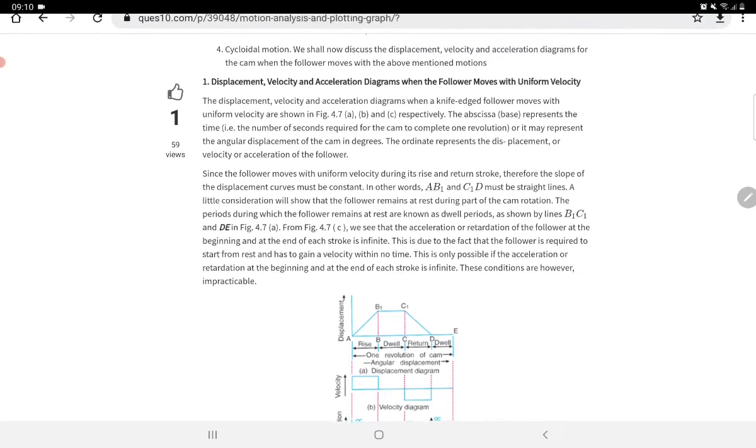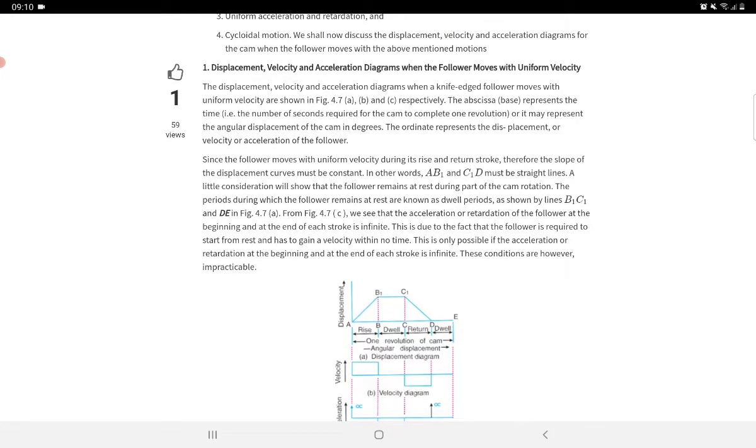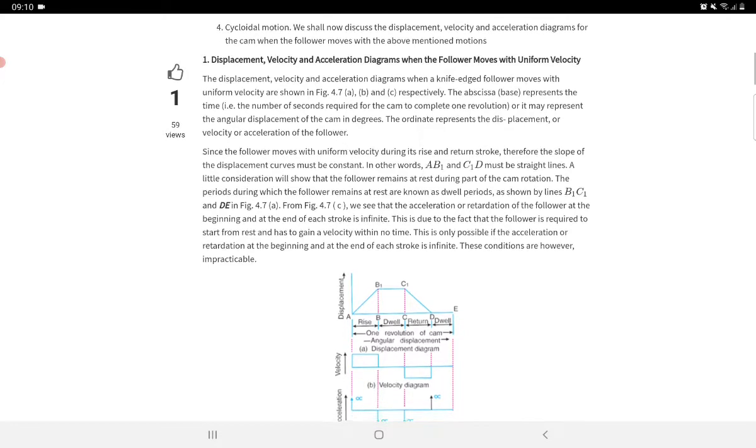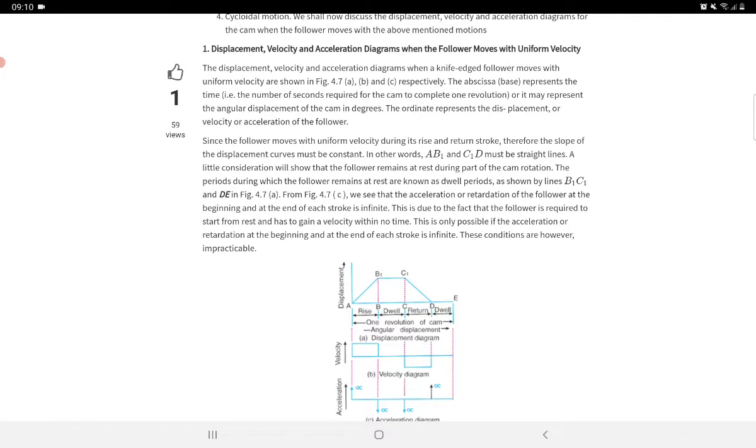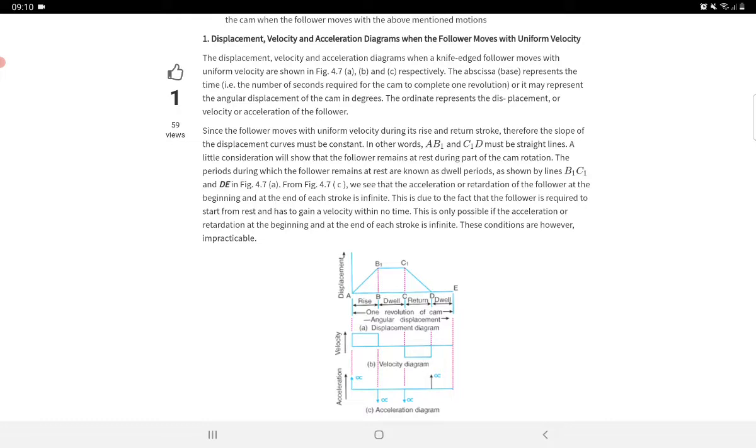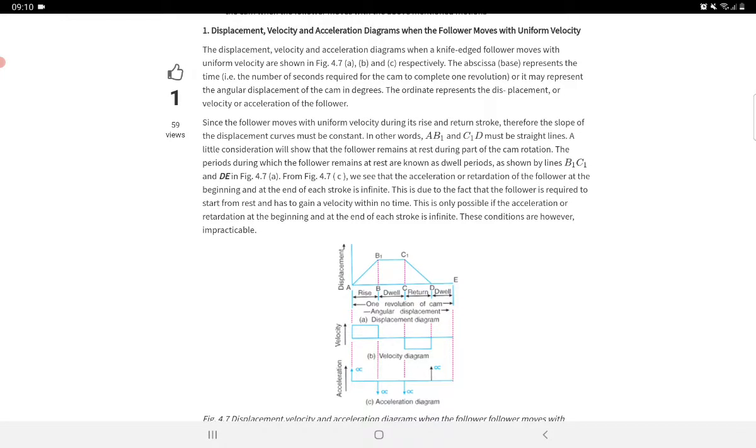The displacement, velocity and acceleration diagram, particularly when a knife-edged follower moves with uniform velocity, is shown in the following figure. As I said, the base, or abscissa, represents the number of seconds required for the cam to complete one revolution, or it may represent the angular displacement of the cam in degrees.